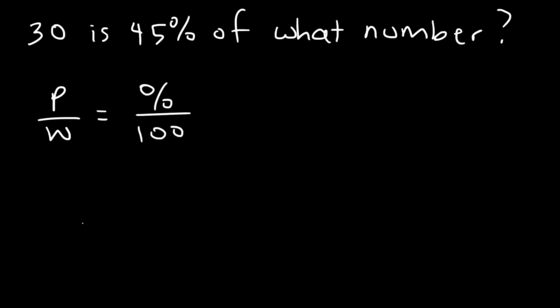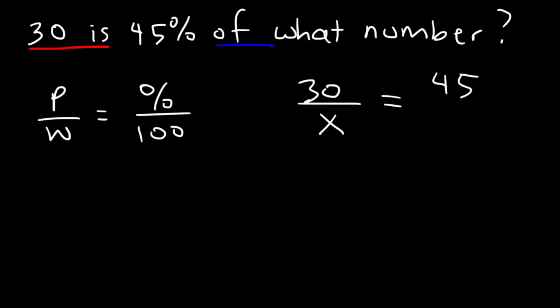So in this problem, what is the part and what is the whole? 30 is the part. It's associated with the word is. We're looking for the whole, which is also known as the base. We're looking for the number that's associated with of. So 30 is p, the whole or the base is x, the percentage is 45.